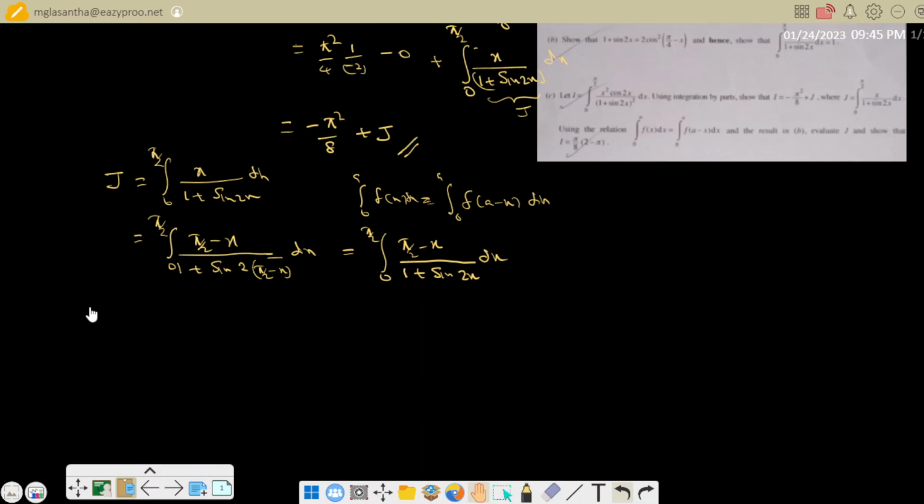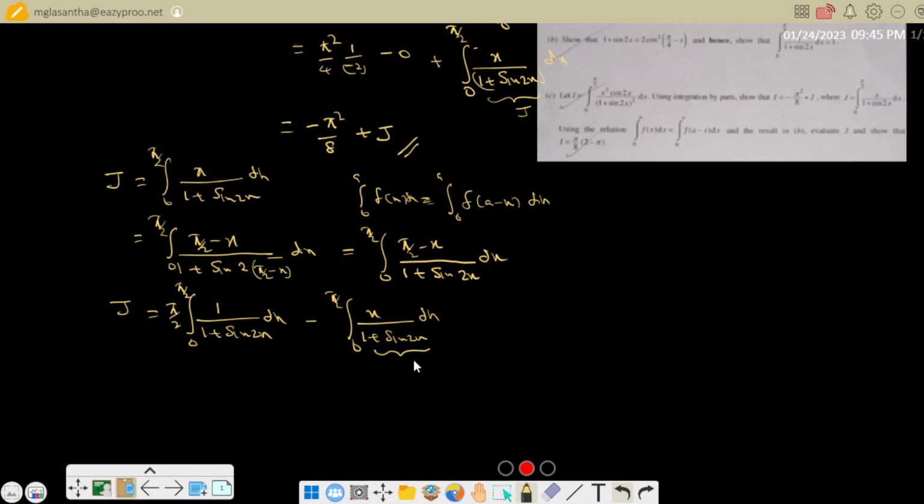Okay. Now you can separate into two integrations. Then J equals pi by 2 times the integral of 1 over (1 plus sine 2x) dx minus the integral from 0 to pi by 2 of x over (1 plus sine 2x) dx.